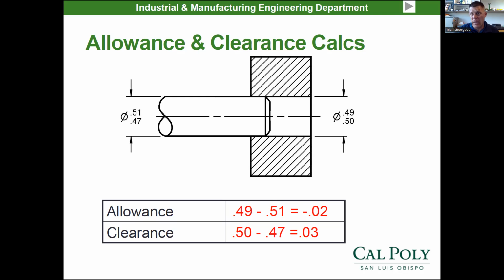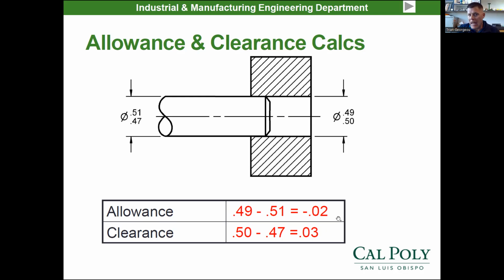There's interference when I go to put them together. Then I do the clearance calculation, and I get 0.5, the least material condition of the hole, minus 0.47, which is the least material condition of the shaft. I get 0.03 or 30 thou. I get a positive amount of clearance. There's going to be some clearance fit on some of these parts.